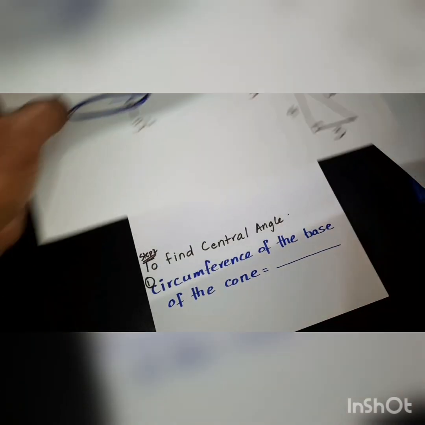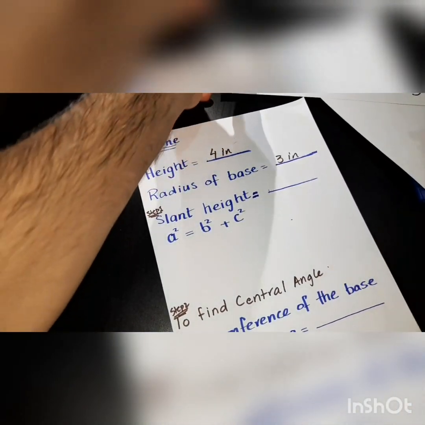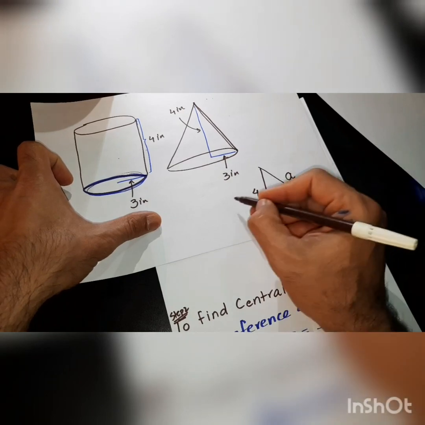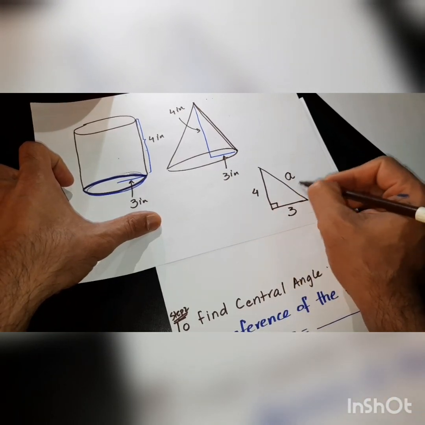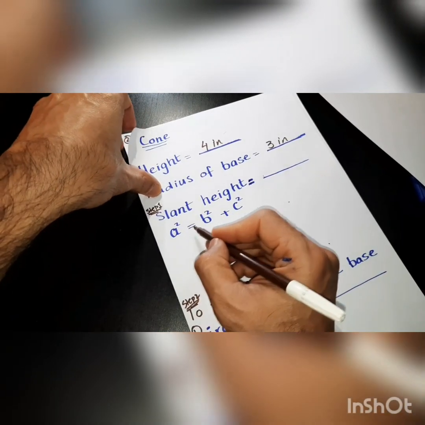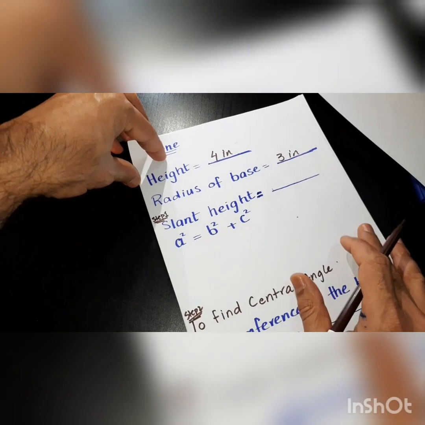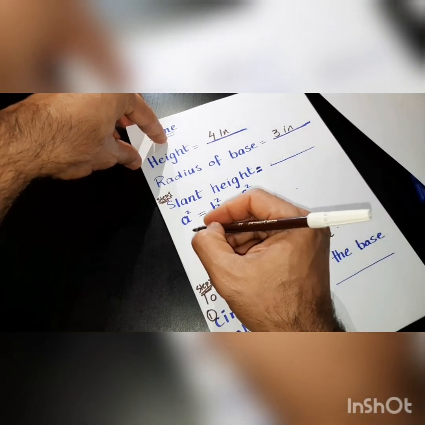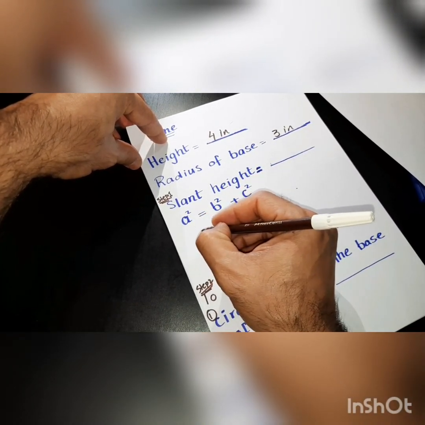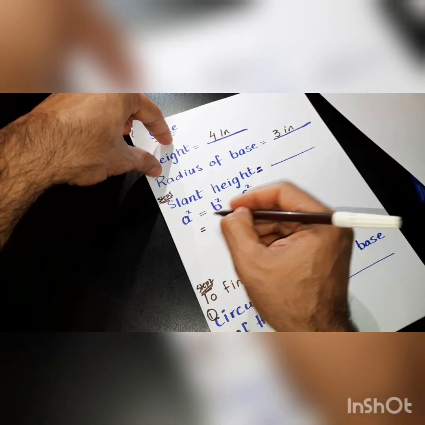We will be using the Pythagorean theorem to find the value of A, and the theorem is A squared equals B squared plus C squared. We have done it a couple of times in the class as well. A squared is the value that we need to find.